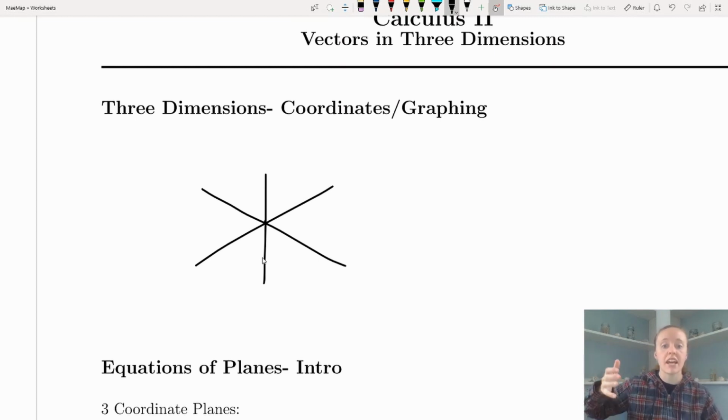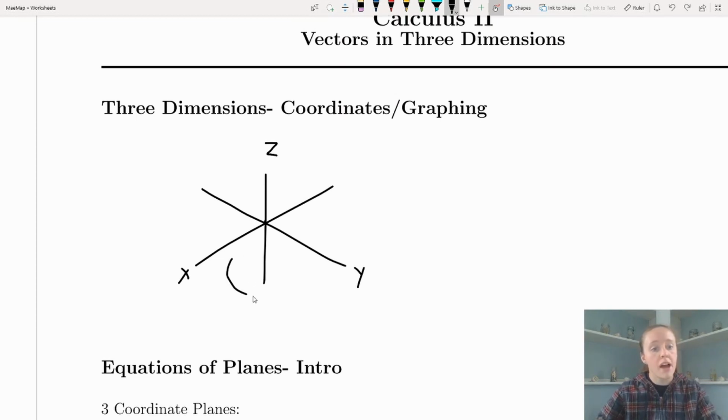If we take my right hand and curl it, we're going to go X to Y to Z. So if I was to label this curling going from X to Y, my positive X is going to be here, my positive Y here, and then my positive Z here. So if you can envision curling around from X to Y with my positive Z going up. That's that right hand rule, and that's how we're going to set up our coordinate system.